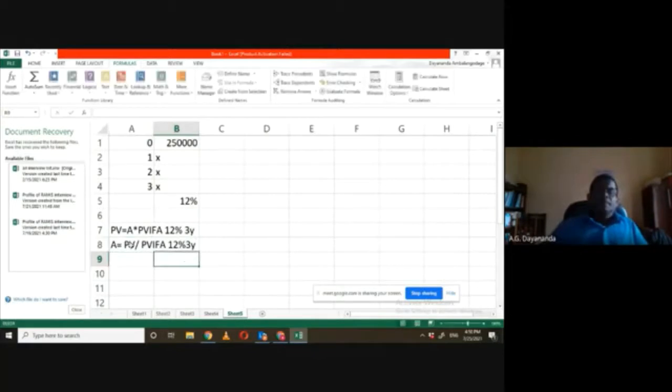From the banking point of view, the present value is the amount you borrow, maybe the amount you finance, the loan installment, always the amount financed.